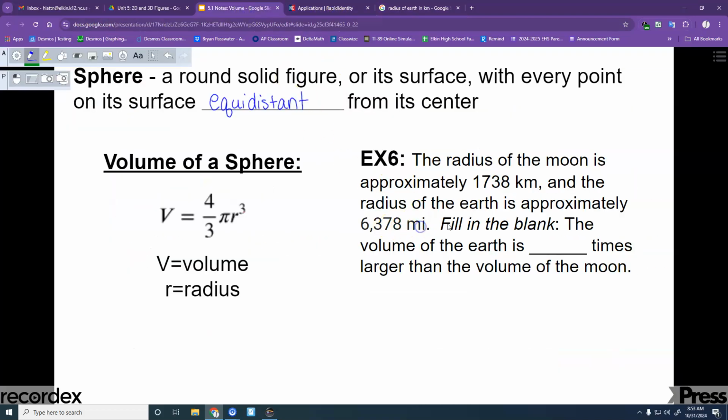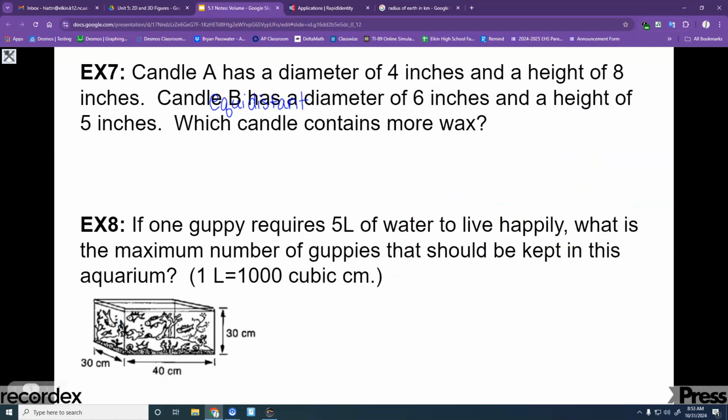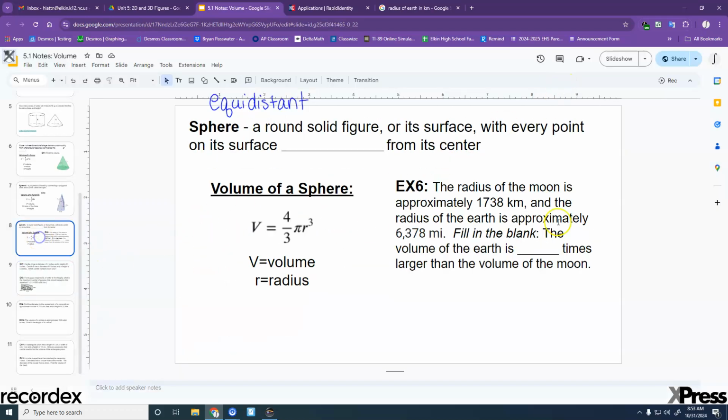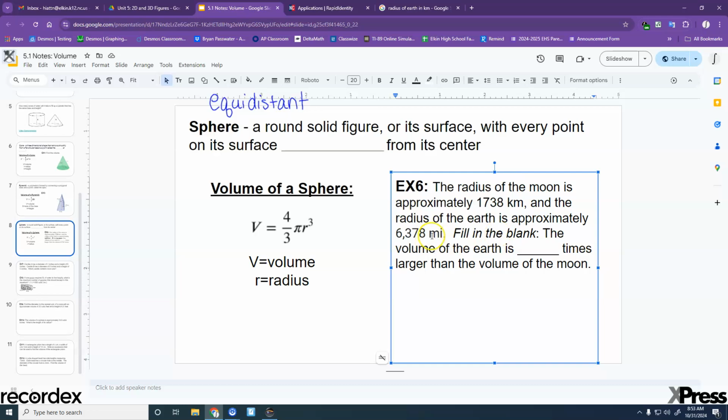Okay. That is just supposed to be miles. That is supposed to be kilometers right there. My American brain took over and changed it to miles because I was not thinking. So let me fix that. Mark that out and change that to kilometers. I didn't mean for those to be different units because that makes it a much more difficult problem.